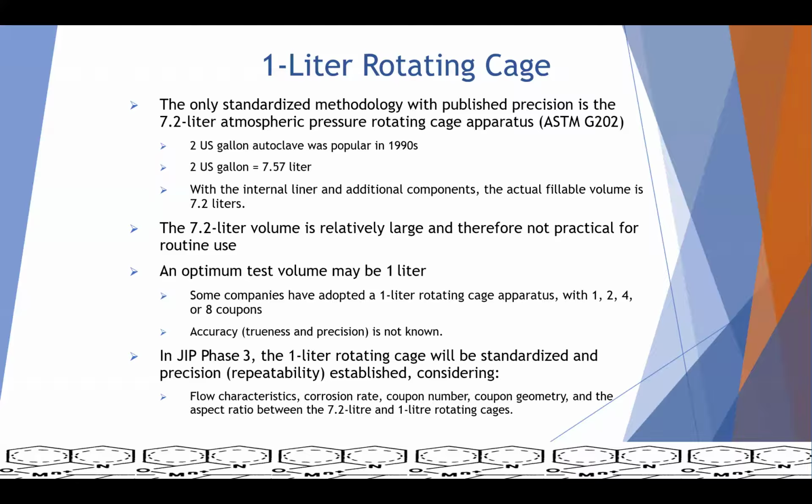So to understand how closely the 1 liter rotating cage will mimic the 7.2 liter rotating cage, we will establish the aspect ratio and understand how the trueness obtained in the 7.2 liter rotating cage can be transferred into the 1 liter rotating cage. That is slightly beyond the scope of the JIP, but the JIP's focus is to understand the repeatability or precision of the 1 liter rotating cage.